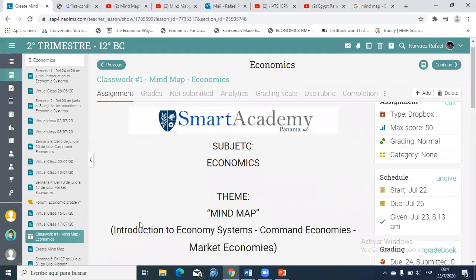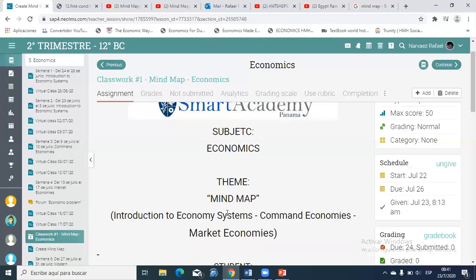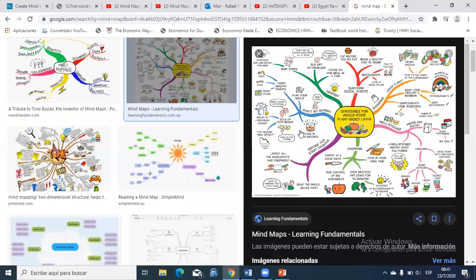Now, because over here we are talking about the different economic systems, of course, in the middle of this mind map you should write, well, you can make up another one, but over here I would write economic systems, because basically we're talking about different kinds of economic systems. So over here in the middle, I will write economic systems.